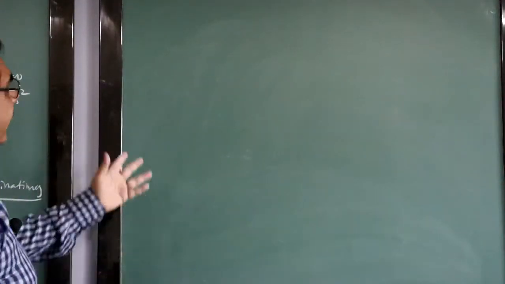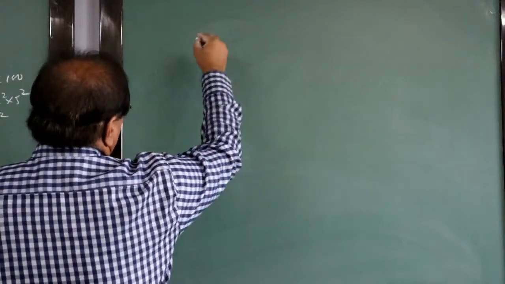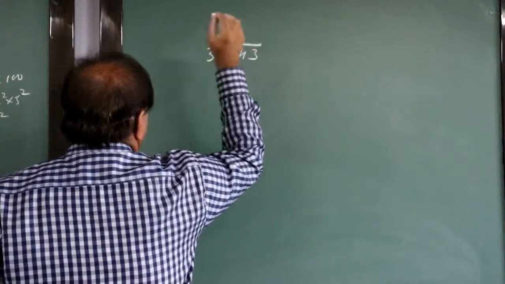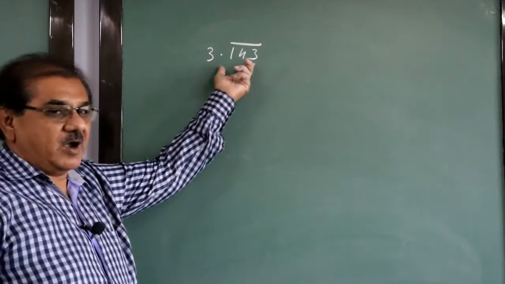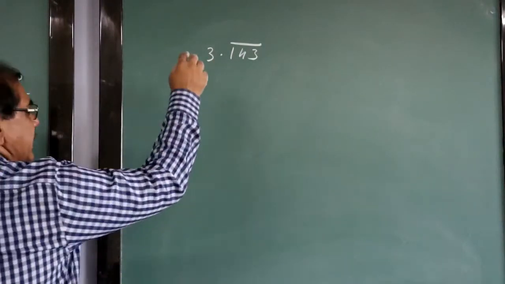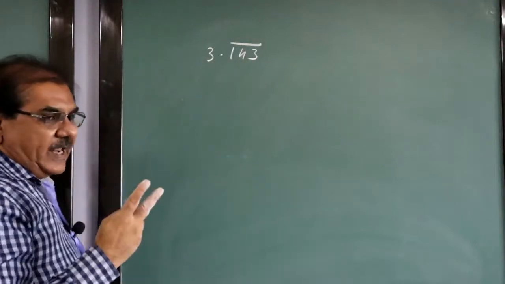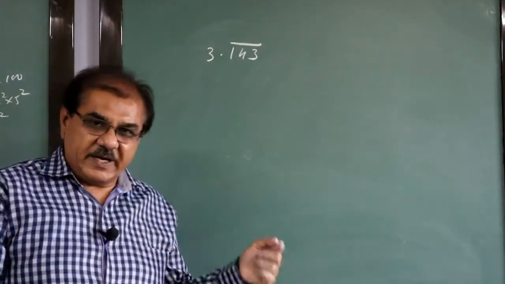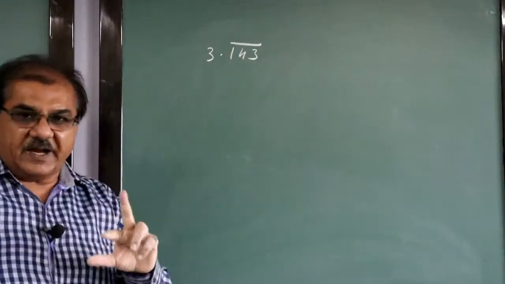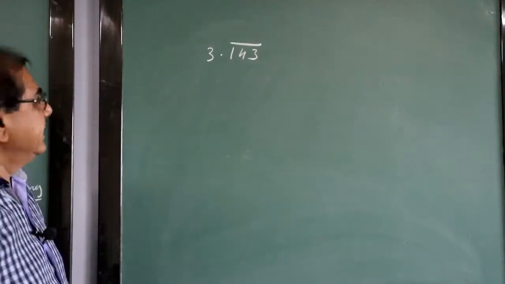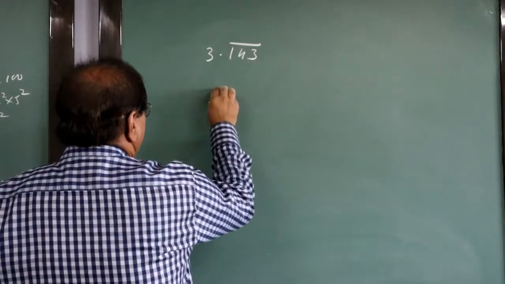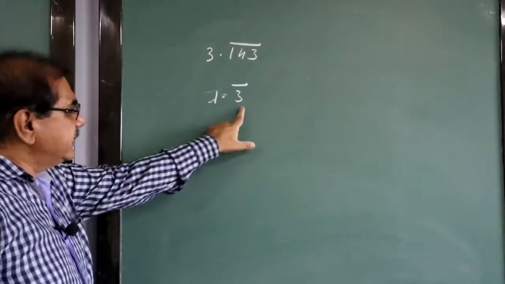Now one example I tell you, you will tell me what type of number it is. 3.143, and this block is repeating. So is it rational or irrational? Check. It is repeating. Any one character it should have: it should be terminating, and if it is not terminating, it should be repeating. If it has any one of them, then it is a rational number. And 1.3 bar. Here only 3 is repeating.